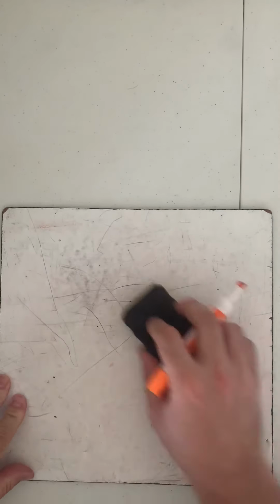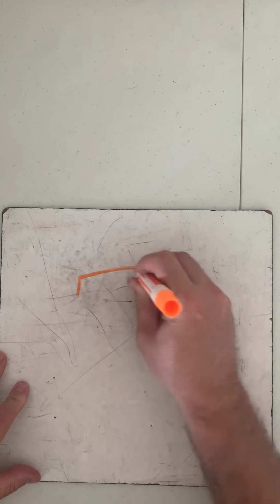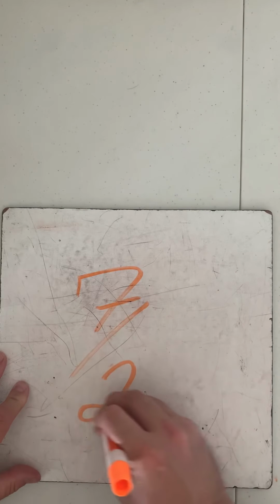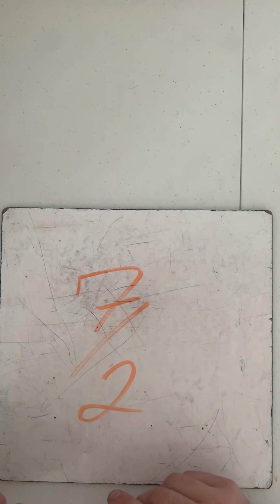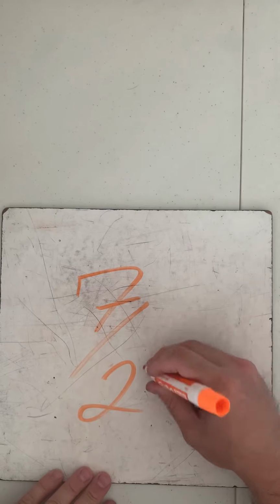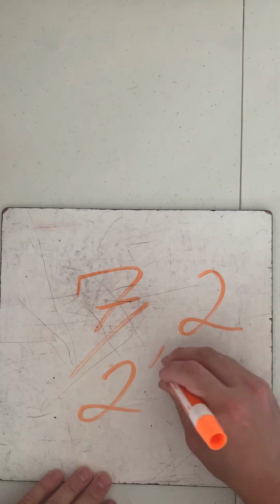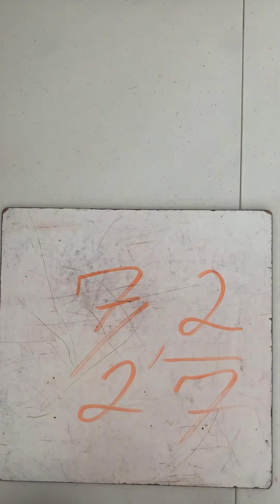Now we have 7/2, and the reciprocal of 7/2 would be 2/7. Pretty simple. Essentially, you're flipping it.